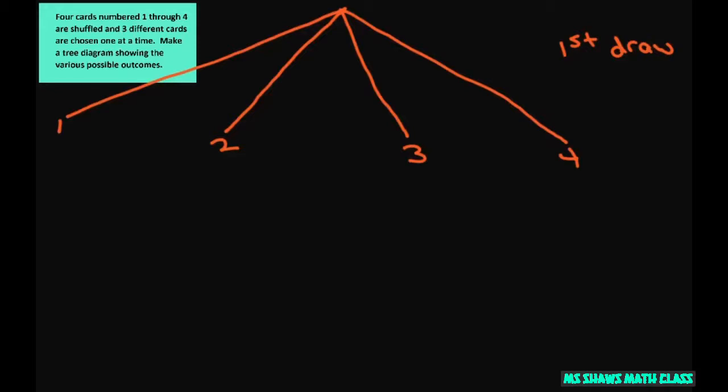Now for the second draw, maybe I should move this one over a little bit. All right, so for the second draw, you can either get a 2, because you already drew 1, 3, or 4. And if you drew a 2 the first time, then the second draw, you would get a 1, 3, or 4.